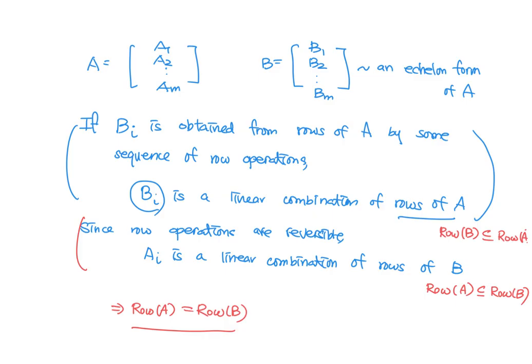So if B is obtained from the A matrix by performing row operations, then the row space of A will be the same as the row space of B.